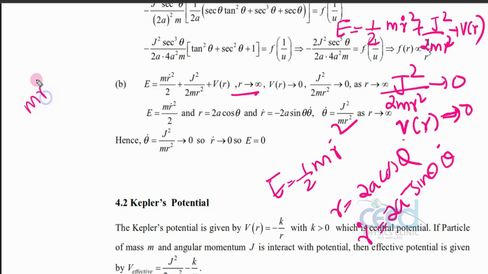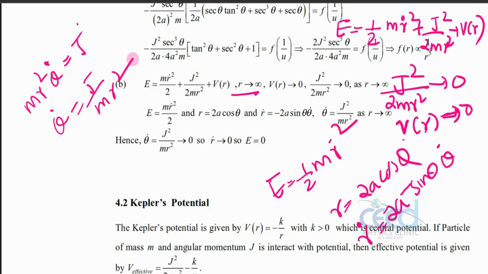We already studied m r square theta dot is equal to j, the angular momentum. Then theta dot is j by m r square.